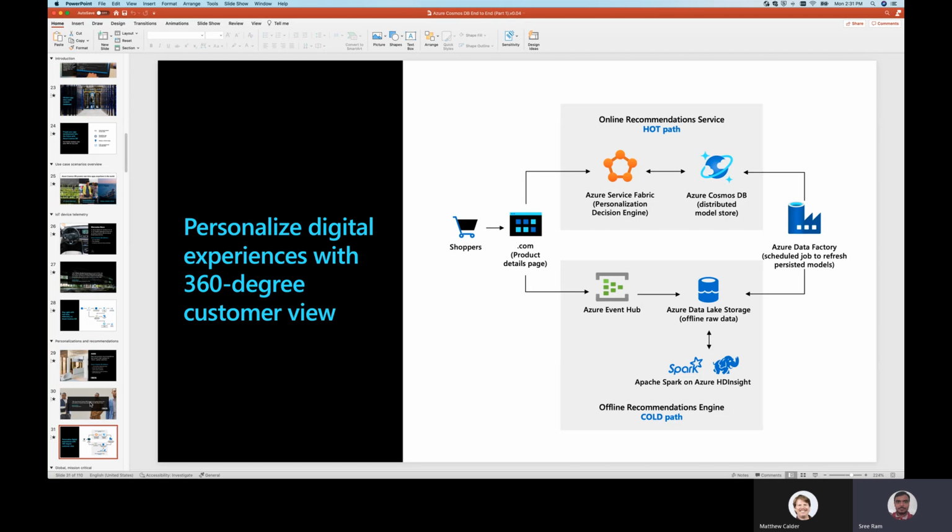Let's see the sample architecture of how we could implement a real-time recommendation engine with microservices architecture. As you know, Azure Service Fabric is a microservices engine. And in this case, let's say shoppers shop from the .com page, and we orchestrate everything in microservices, wherein microservices interact with Cosmos DB.